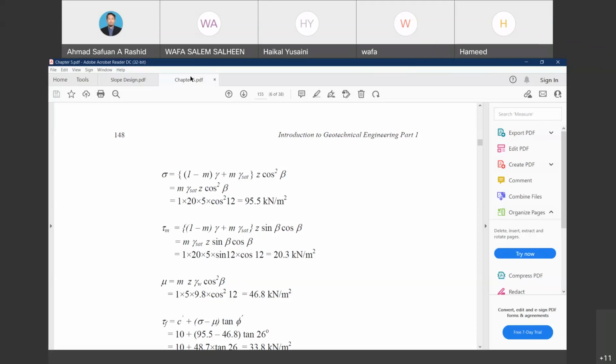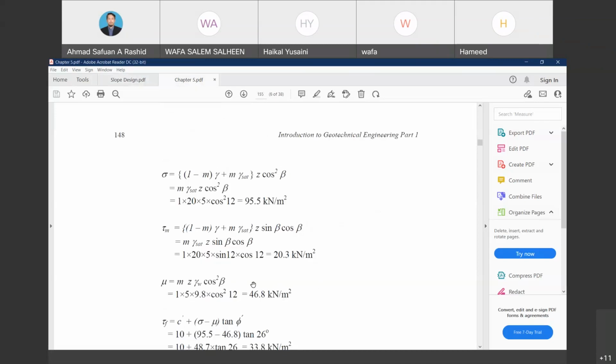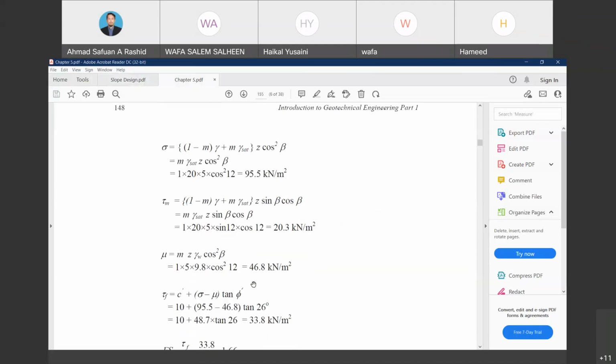So we obtain 42.15. For the tau m, Dr. Kamarudin obtained 42.13, and we obtain 42.15.